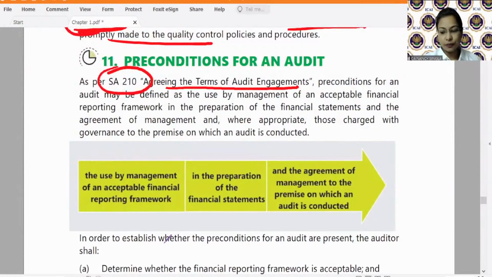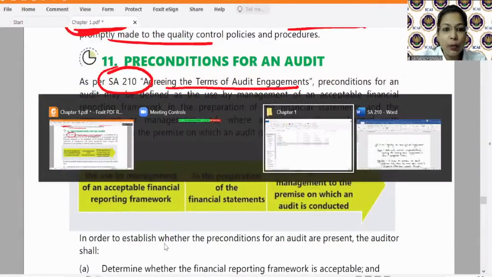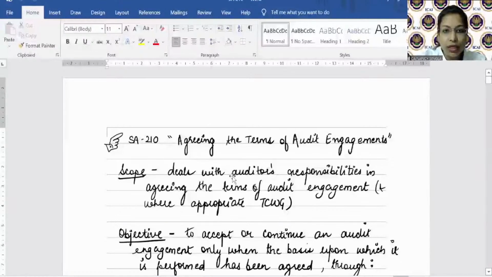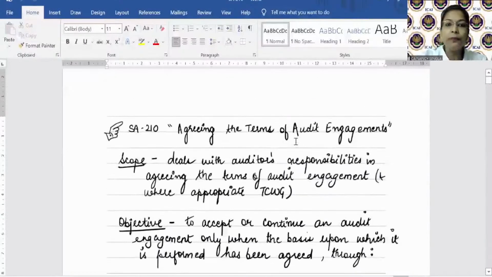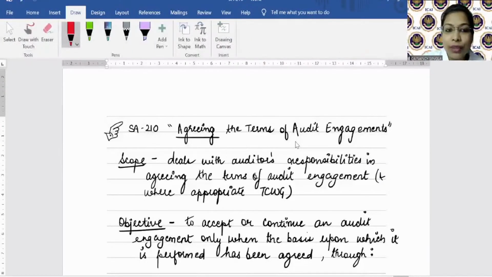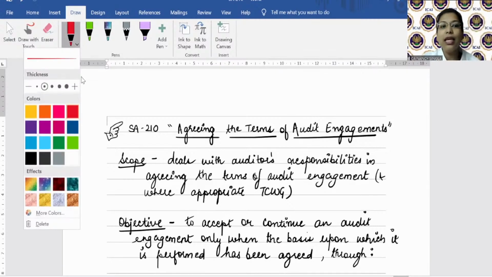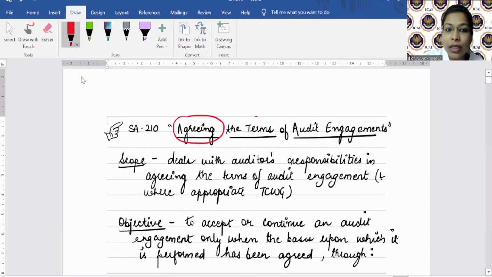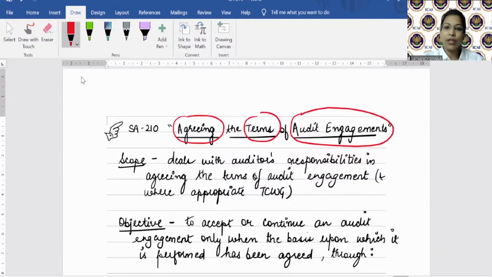So students, when we have done acceptance and continuance of client relationship as one of the quality controls, I told you that we will be studying SA210 relating to agreeing the terms of audit engagement. Agreeing is between whom?